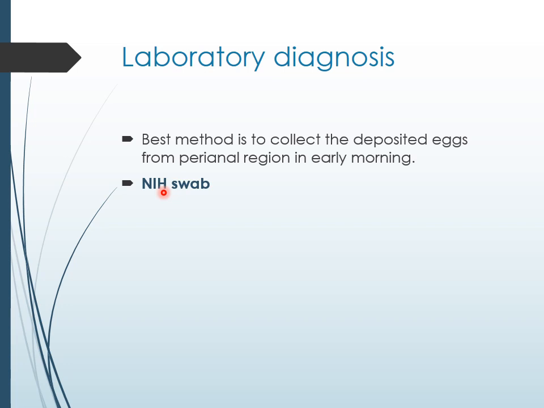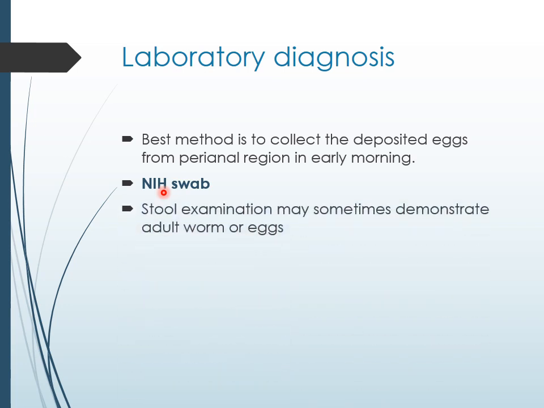So all the eggs which is deposited on the perianal region would stick to this cellotape, and then you have to put that cellotape under microscope and you can diagnose this infection. We'll see that picture so you will understand it better.